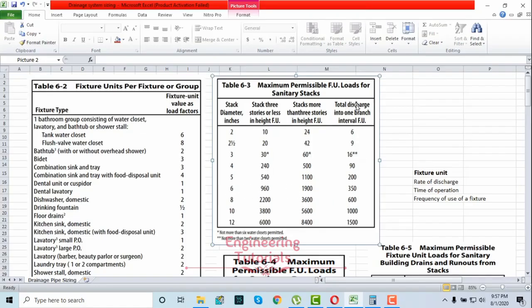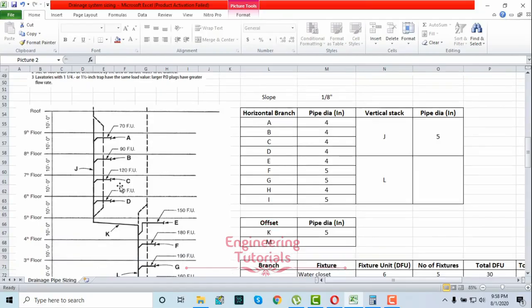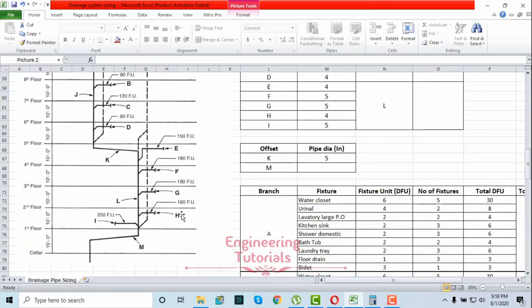At the same time we have to check that the total discharge in one branch interval is 300 fixture units. So each branch interval should not exceed 300 fixture unit value. So let's check and verify the condition. So maximum fixture unit in each branch interval is 200.